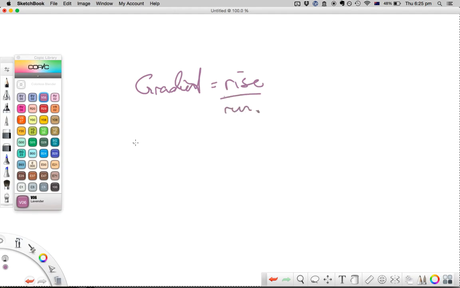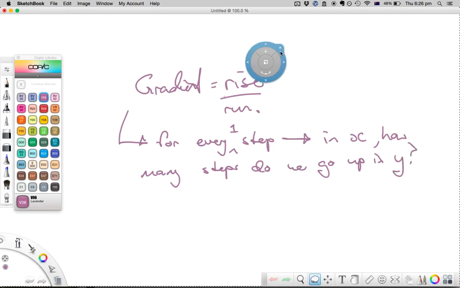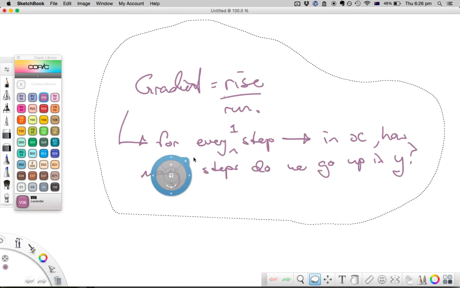Well, the way I actually like to think about it is, for every one step to the right in x, how many steps do we go up in y? I'll save that off to the side because I think that's kind of a pretty key point.